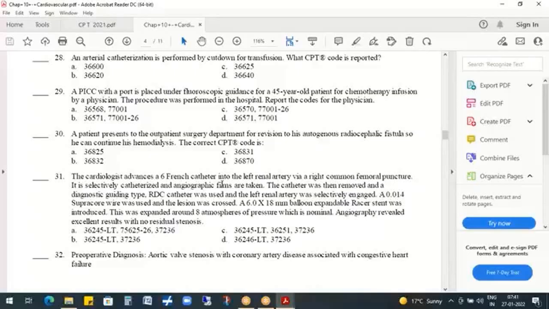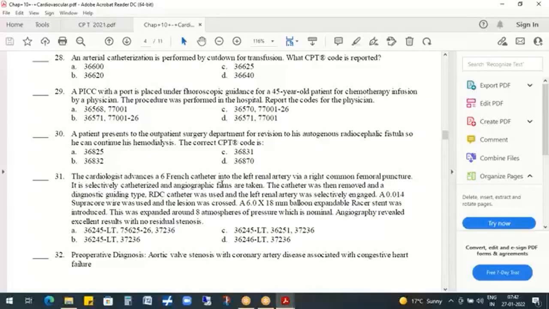The code is 36571. What is the age of the patient? 45 years.